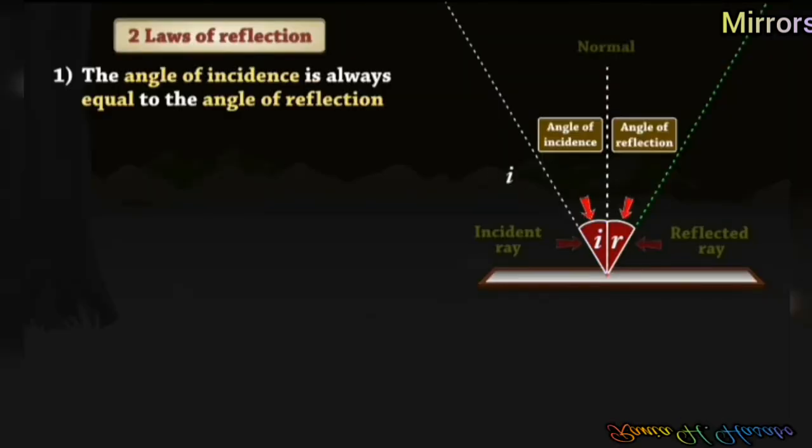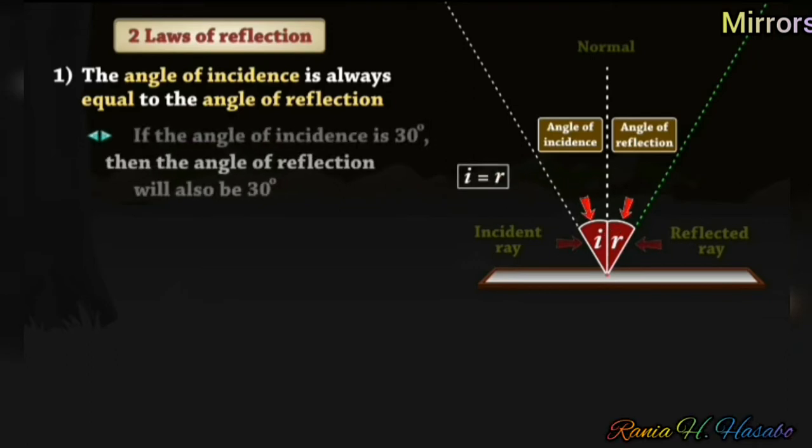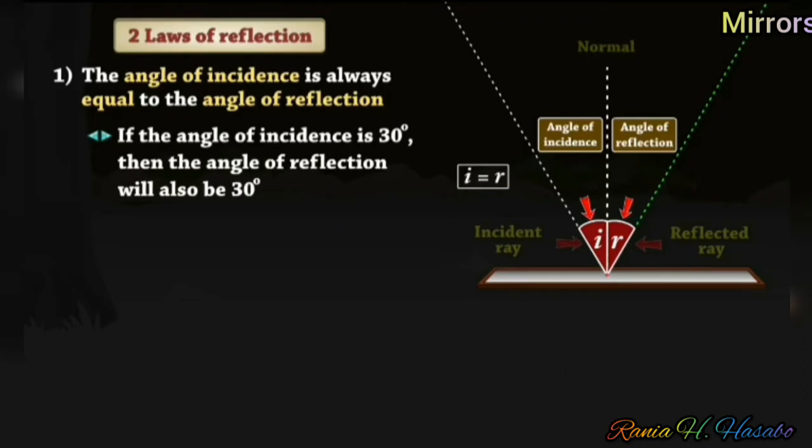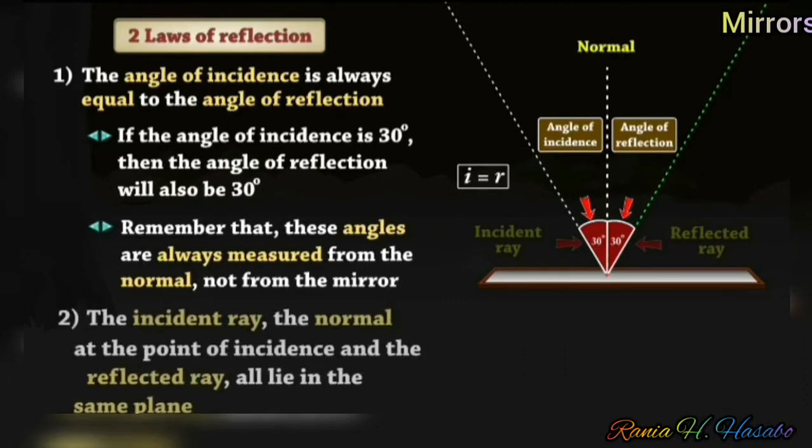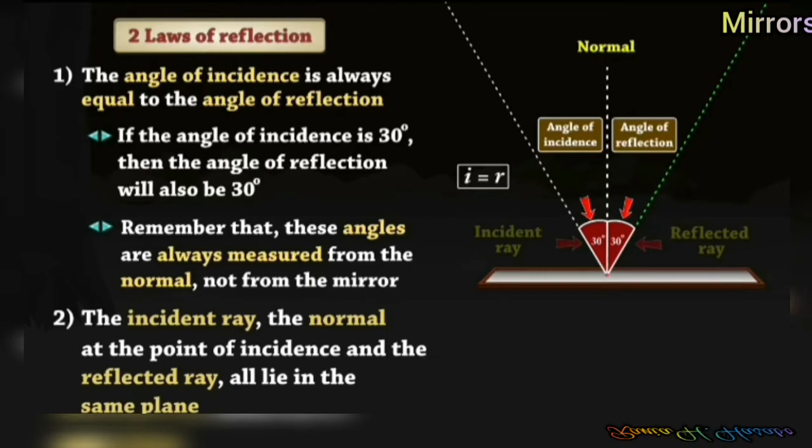There are two laws of reflection. The first one, the angle of incidence is always equal to the angle of reflection. If the angle of incidence is 30, then the angle of reflection will also be 30. Remember that these angles are always measured from the normal, not from the mirror. The second law, the incident ray, the normal, and the reflected ray from the point of incidence are all in one plane perpendicular to the reflecting surface.